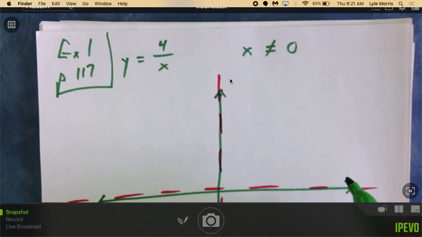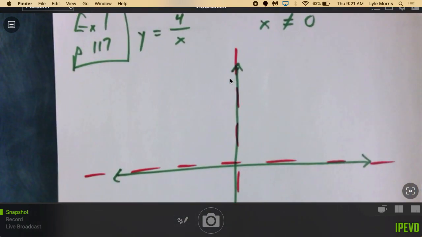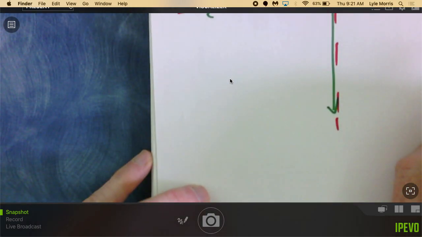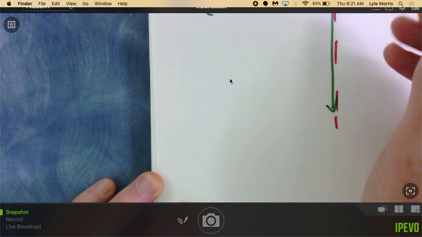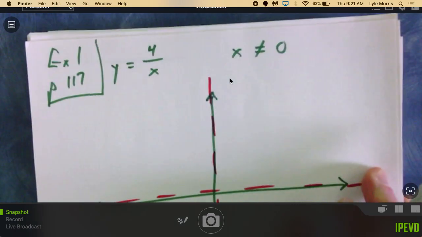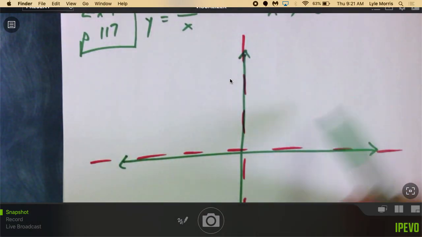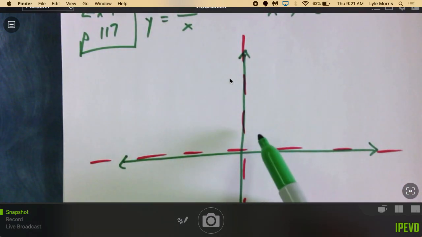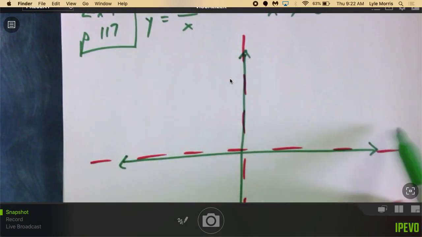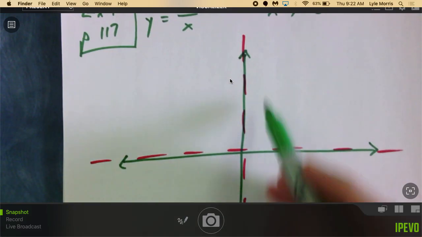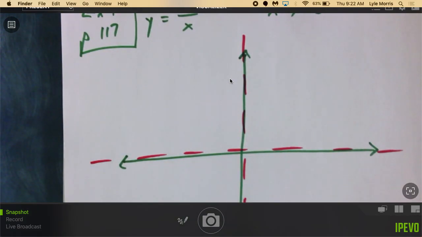And then we can plot some points. Maybe I'll do a table of values a little bit lower just so we can see. Pick a spot here, because if the point comes in this quadrant, it's going to be like this. If I pick a positive x to plug in, it'll be either up here or down here.